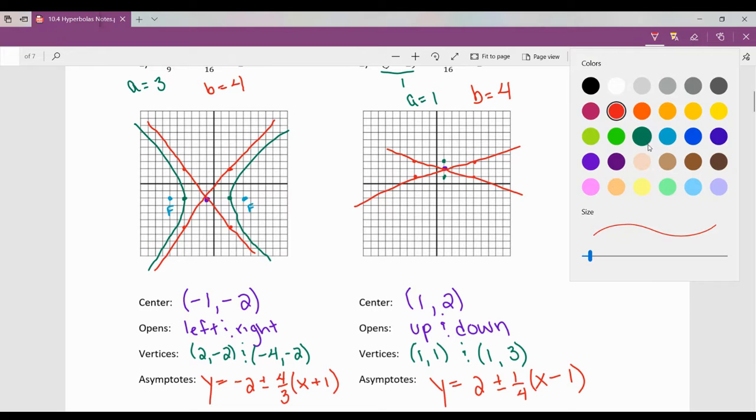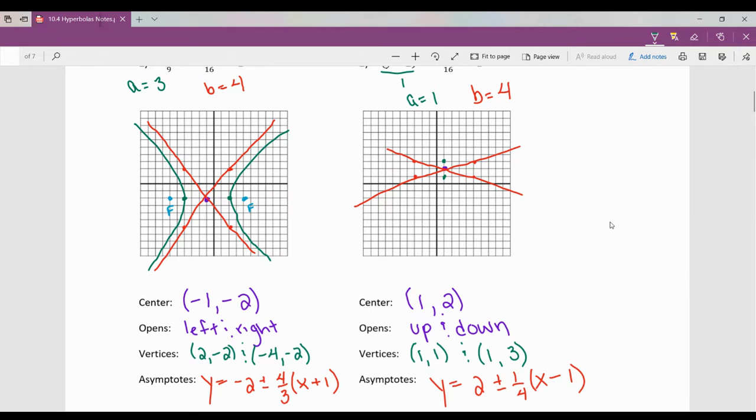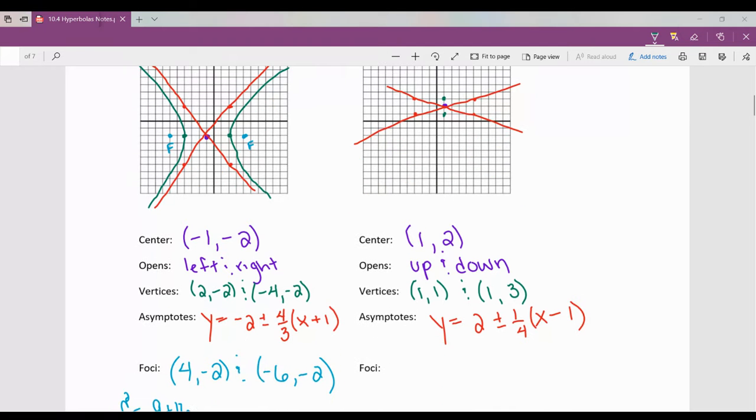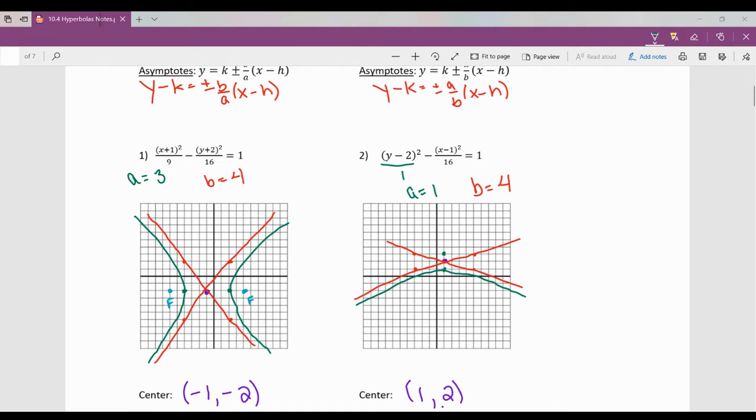All right, so now I want to do my hyperbola. I start with my vertices and it's opening up and down. Now remember that the asymptotes are containing it and it's going to approach those asymptotes as we go out, but it doesn't cross them. All right, so that is my hyperbola for that one.